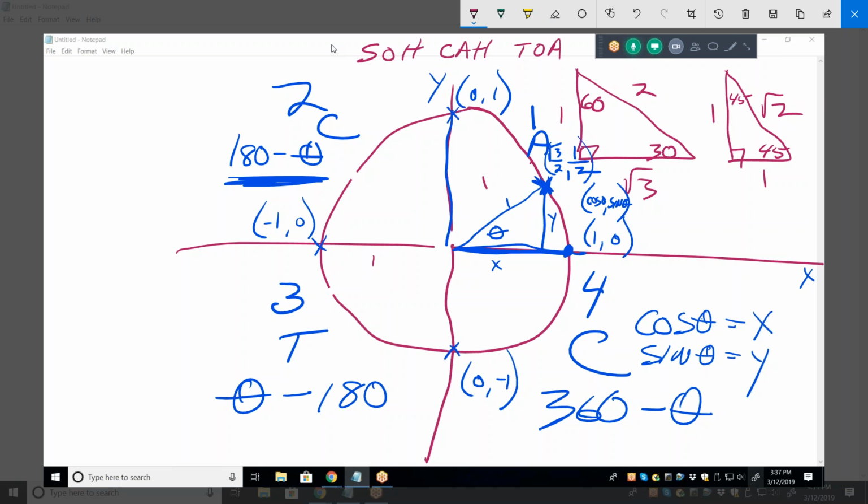Now, I'm gonna drill you on it right now. I'm gonna give you some angles. I want you to tell me what the sine of 150 degrees is. And do it step by step. So, the first step is let's put a little parentheses next to it. What's the equivalent first quadrant angle?